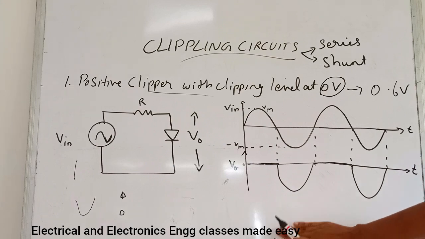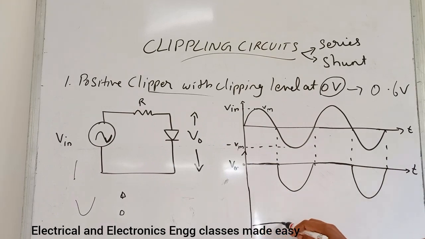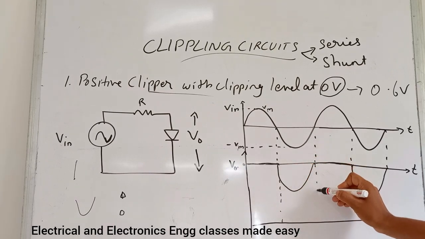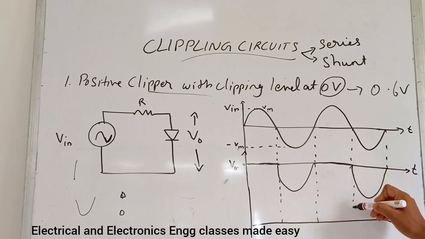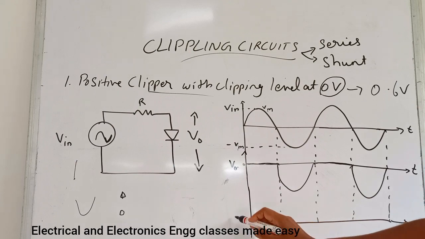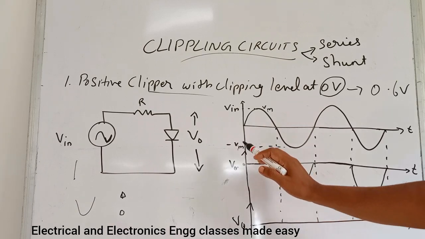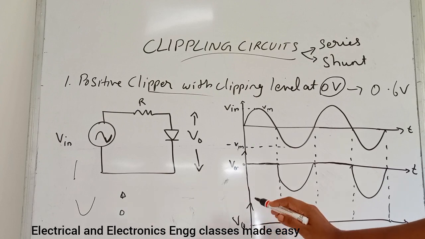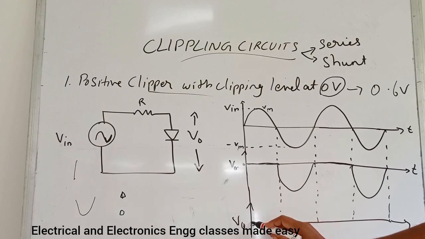Then how will be the output waveform? So in practical case, the clipping occurs at the voltage drop across the diode. So V out will be, so in the positive half cycle, let this be the 0.6 volt.